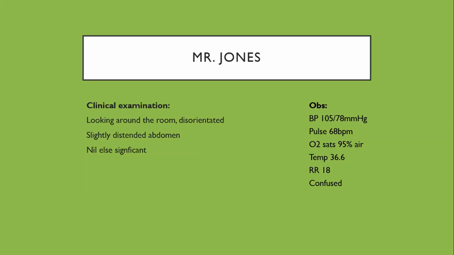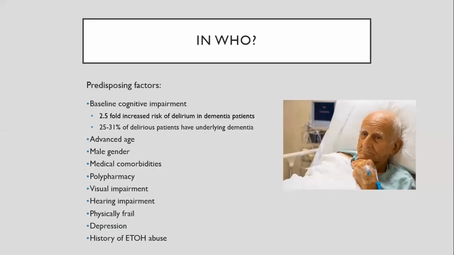So who would we typically see this in? Predisposing factors. If somebody already has cognitive impairment, that is a predisposing factor in itself. We see a 2.5-fold increase in the risk of delirium in patients with dementia, and about a third of those with a delirium will have an underlying dementia, which may or may not have been diagnosed.